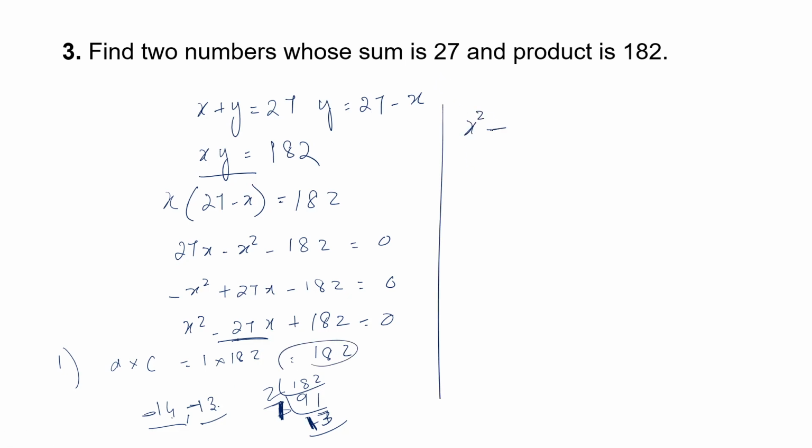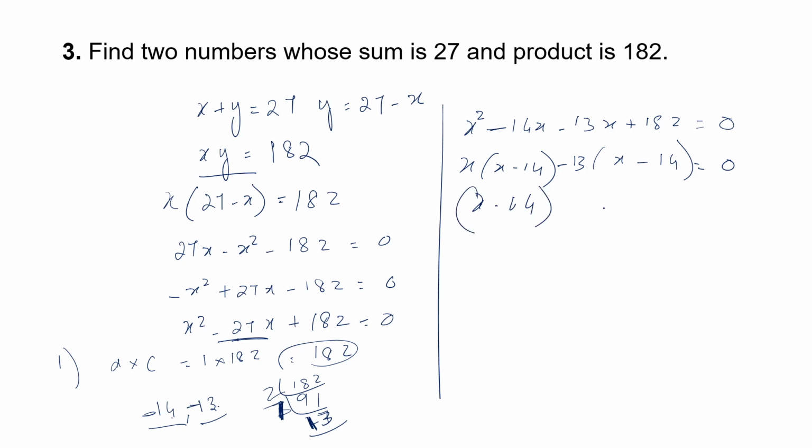x square minus 14x minus 13x plus 182 equal to 0. So x into x minus 14, so I should keep the same here, and I'll remove all the remaining over here, right? Take x minus 14 common outside, then x minus 13 will be remaining.